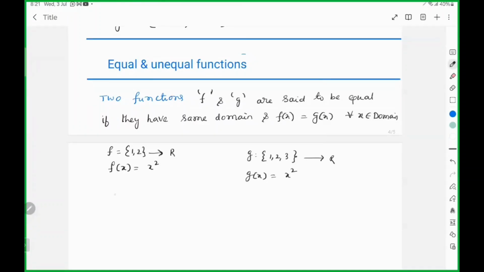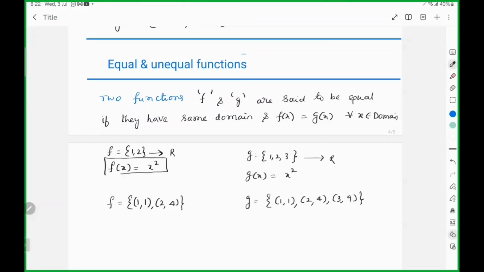Now, how is f defined? When x is 1, 1 square. When x is 2, 2 square. Here, when x is 1, 2 square. Look at this.